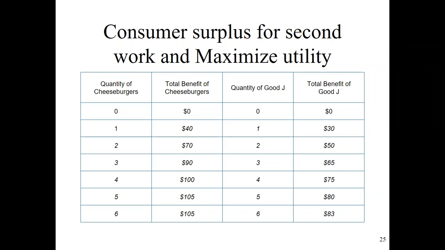How much money does she have to spend? 65. All right, so we gotta maximize our utility with these being 10 and this being 5. The first thing I have to do is find out the marginal, right? So Lorenzo, could you run down the marginal benefit for cheeseburgers for me? The first one is what?